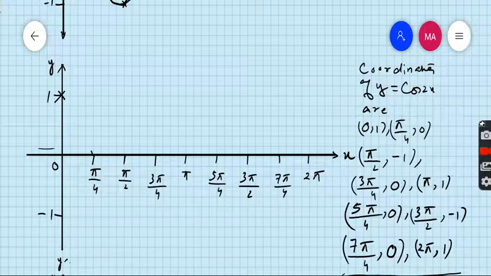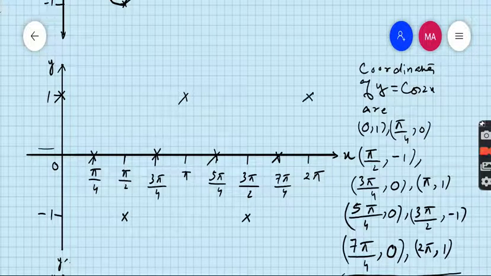Then pi by 4 and 0. Then pi by 2 and is minus 1. 3 pi by 4 is 0. Pi is 1. 5 pi by 4 is 0. 3 pi by 2 is minus 1. 7 pi by 4 is 0 and 2 pi is 1.